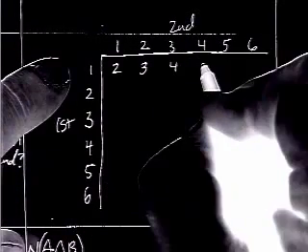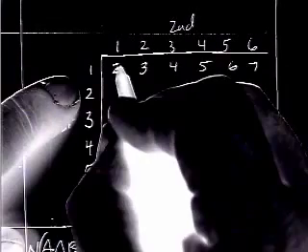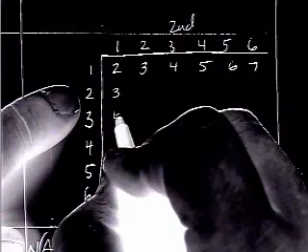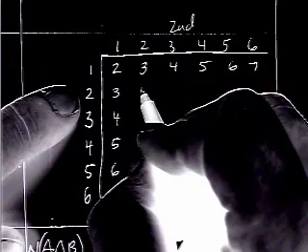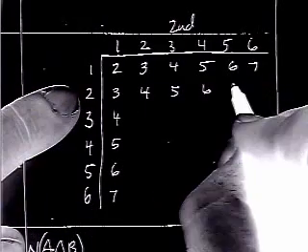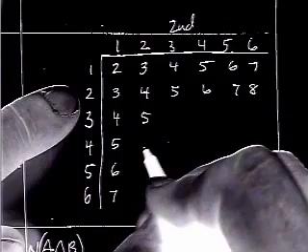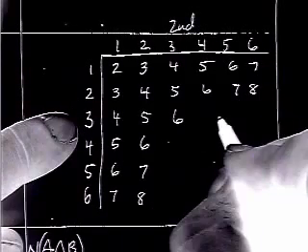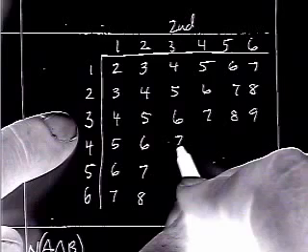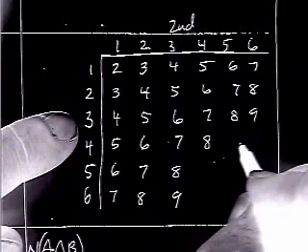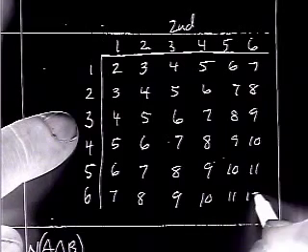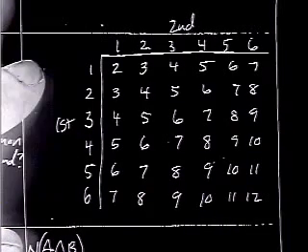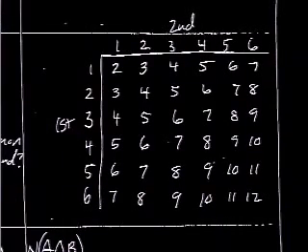A 2 and a 1, 3, 4, 5, 6, 7. Go down this column, same thing. 3, 4, 5, 6, 7. 2 and a 2 would be a 4, 5, 6, 7, 8, 5, 6, 7, 8, 6, 7, 8, 9, 7, 8, 9, 8, 9, 10, 9, 10, 10, 11, 11, and 12 would be. So here's the sample space for all the sums of combinations of rolling dice.